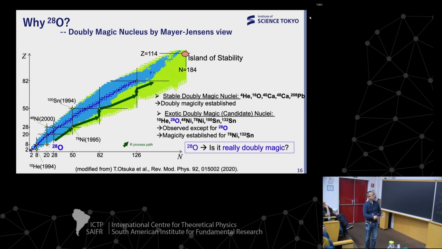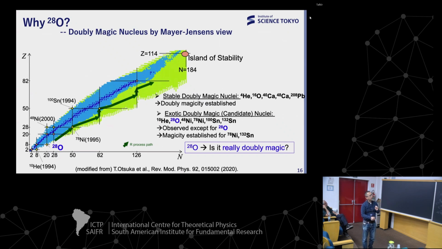And I think we still discuss this magicity. Magicity was, I would say, established for nickel 78 and tin 132; we are sure. But for the others, we still have some discussion about the double magicity. So first, we would like to observe oxygen 28.